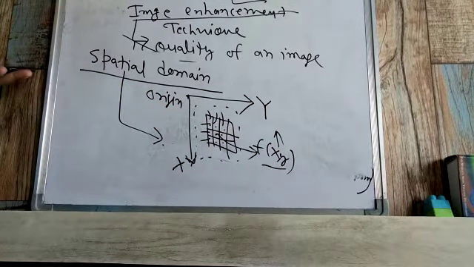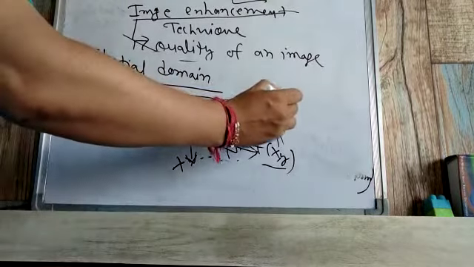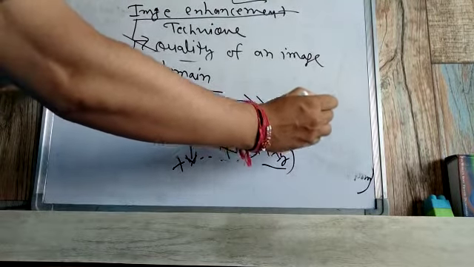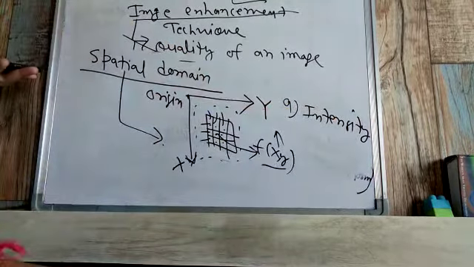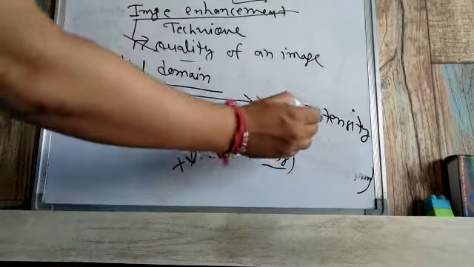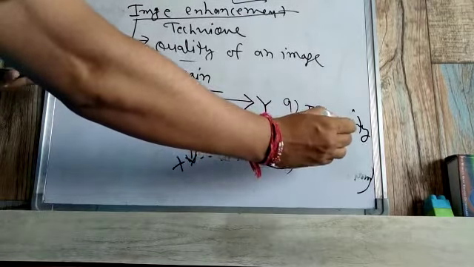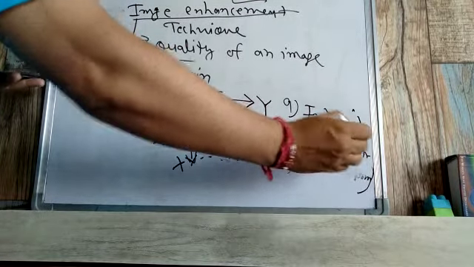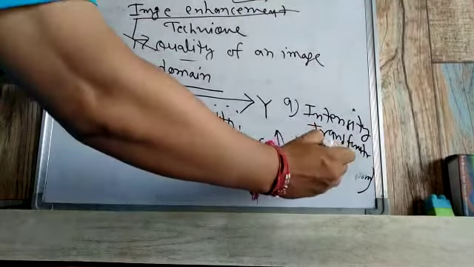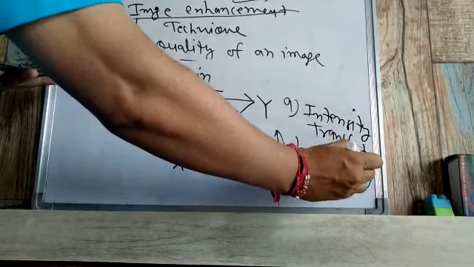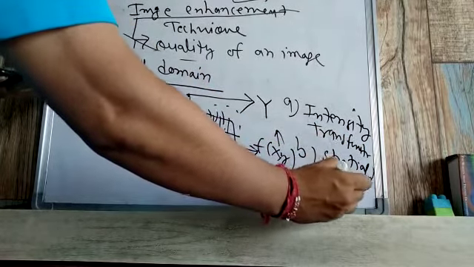What are the basic operations that we are trying to do here? First of all, intensity transformation. Sometimes we try to improve the intensity values of the pixels. So the first operation we will see is intensity transformation, and the second thing we will look into is another aspect known as spatial filters or the spatial filtering method.